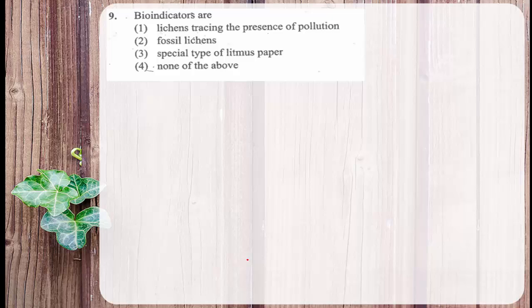When undesirable, intolerable things are added into the environment, it results in the undesirable change in the physical, chemical and biological properties of the environment. This process is called pollution.